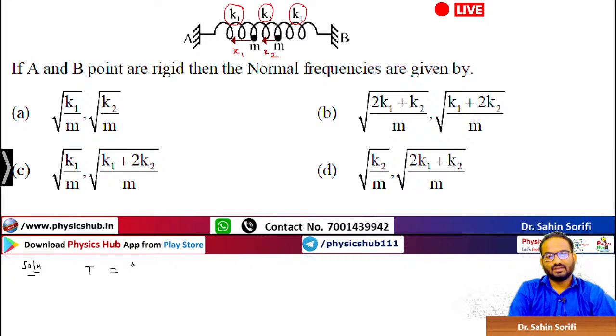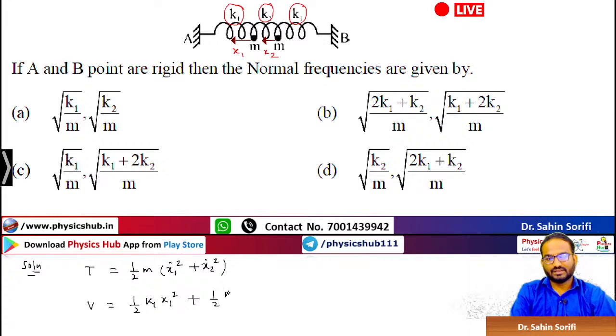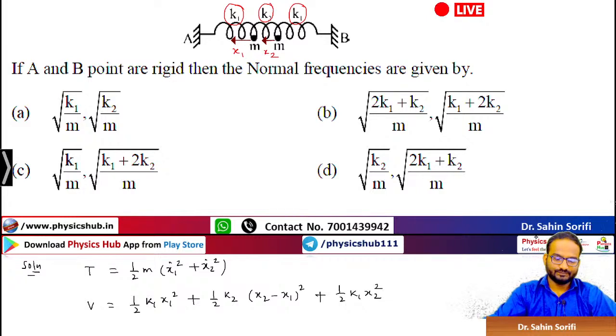T is half m (x1 dot square plus x2 dot square). So this is not going to change. What about potential? Half k1 x1 square plus half times k2, so for k2 it is (x2 minus x1) square. Both displacements are involved, and here only x2, half k1 x2 square. Can you write it?